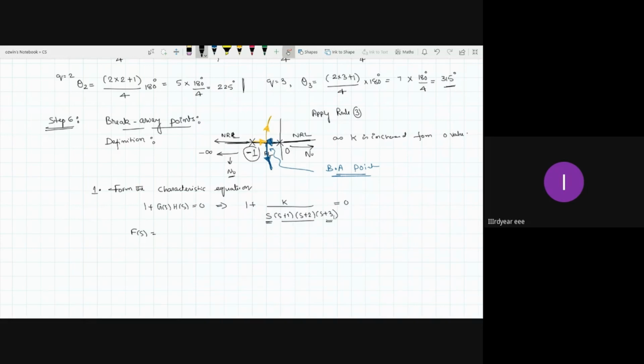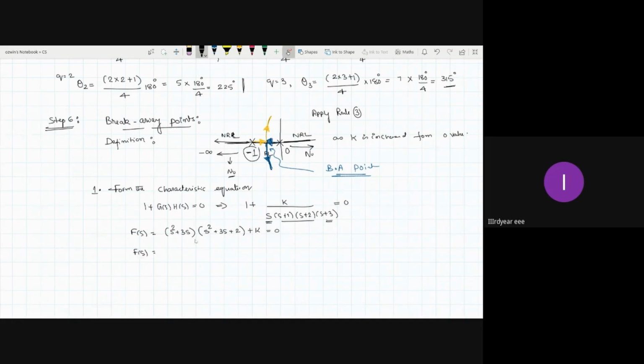So this is s square into 3s into these two terms. Let me multiply together. So it is s square plus 3s plus 2. You're following, right? s square plus s plus 2s is plus 3s, 1 into 2 is 2. Plus K is equal to 0.